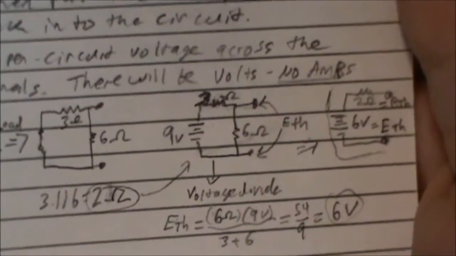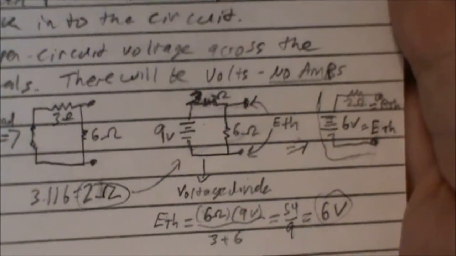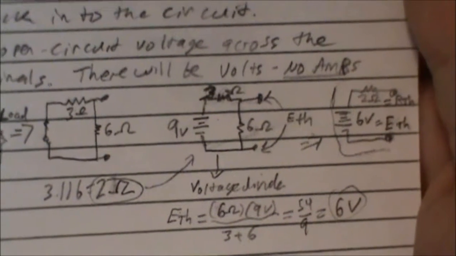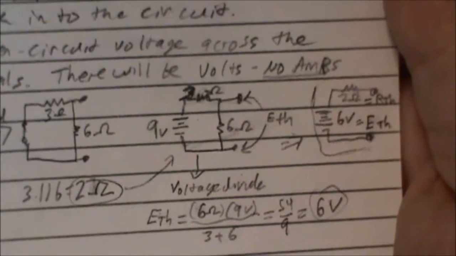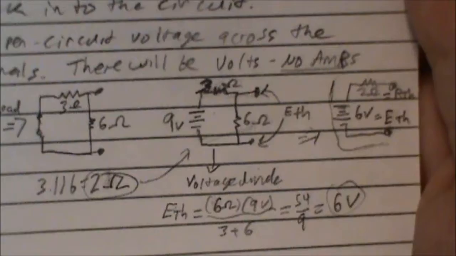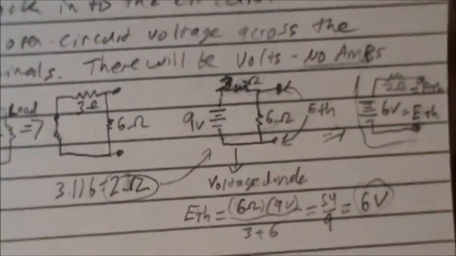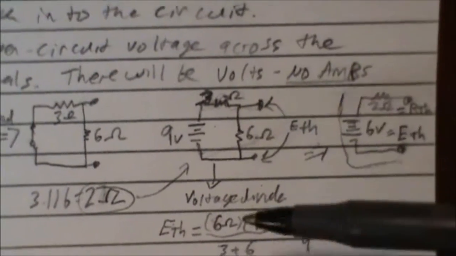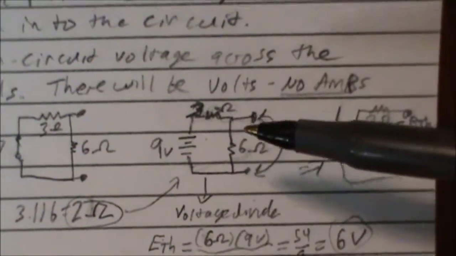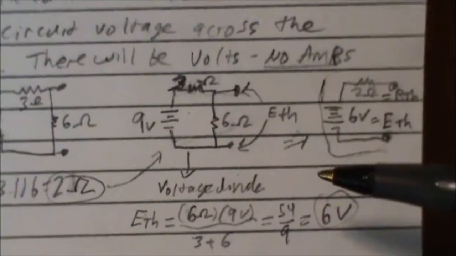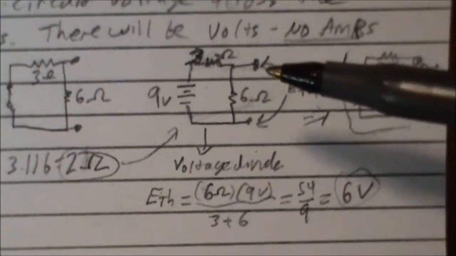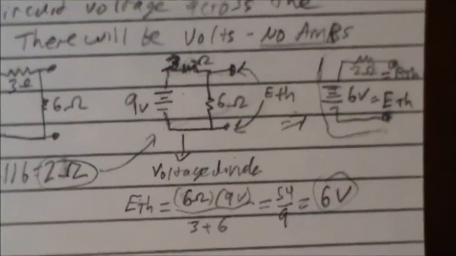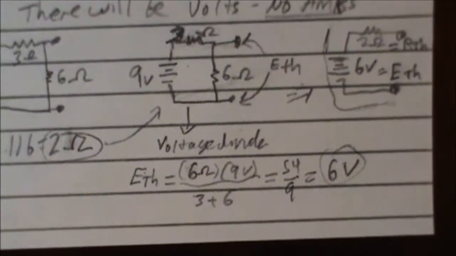And then we put the voltage source back in with our 6 ohm, which is our Thev here, and now we find the voltage across those 2 points, and this basically becomes what is known as a voltage divider.